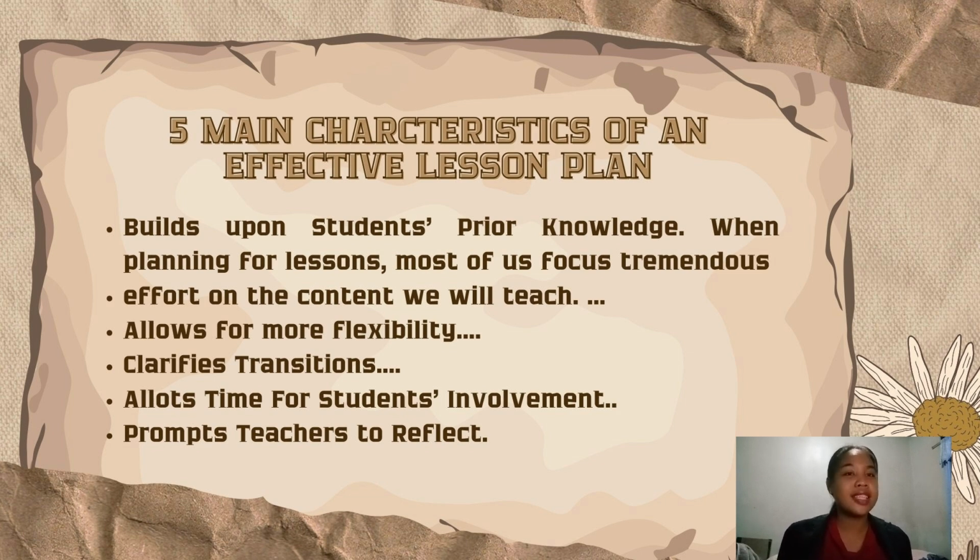Fourth, it clarifies transitions. Fifth, it allots time for students' involvement. And last, it prompts the teacher to reflect. So, the 5 main characteristics of an effective lesson plan highlight the traits that make a lesson plan impactful, such as flexibility, students' involvement, and teacher reflection.